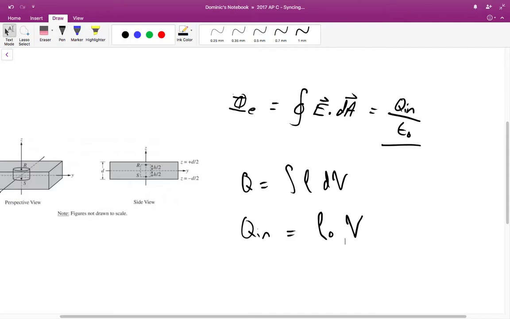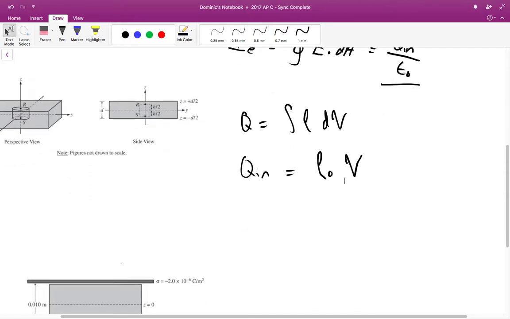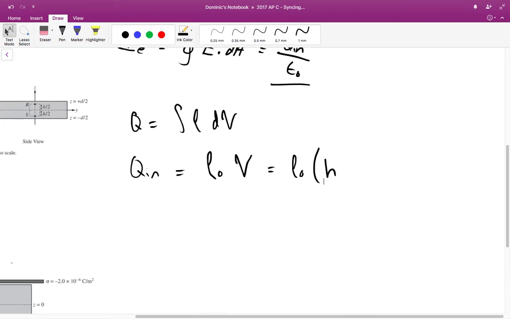What is the volume of our Gaussian surface? Well, it's the volume of a cylinder, which is the height of the cylinder, h, times the area of the top part of it, or the bottom part, which should be the same.